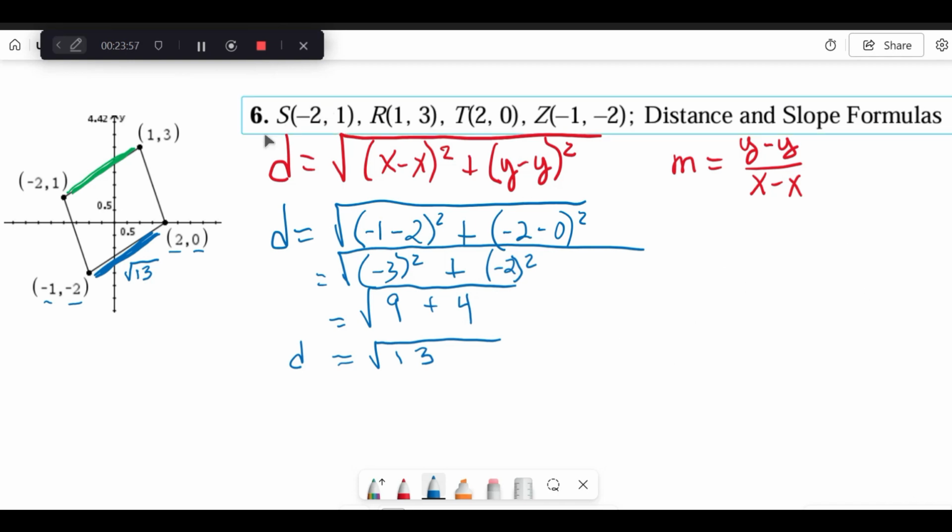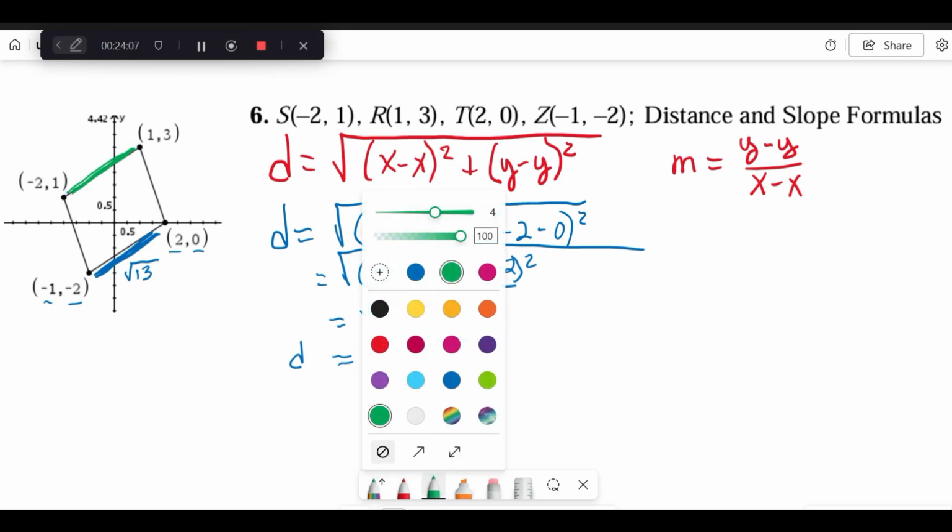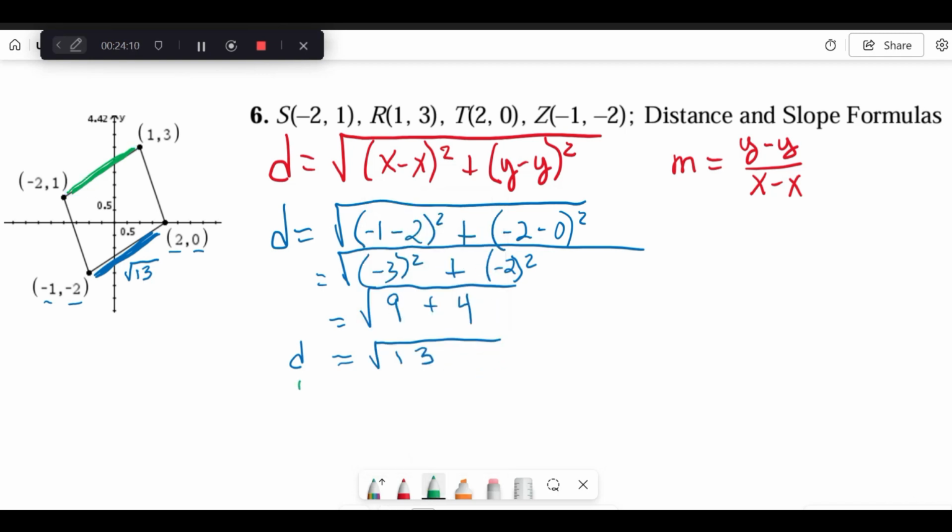So you know what I'm going to do now? I'm going to do it again, only I'm going to use the green numbers here. That's this test using the green numbers. So it's going to be like this. The square root of x minus x, so that's -2 minus 1 squared, right? Plus y minus y, I have 1 minus 3, and the square of that.